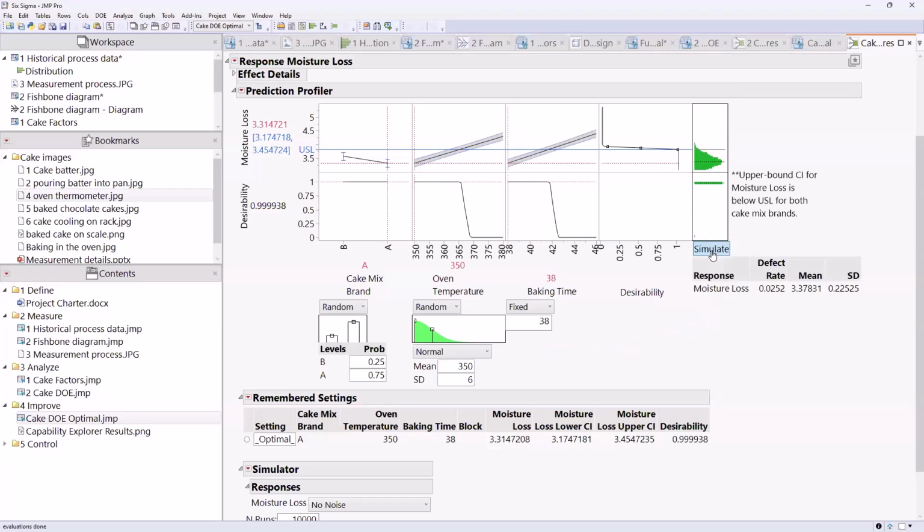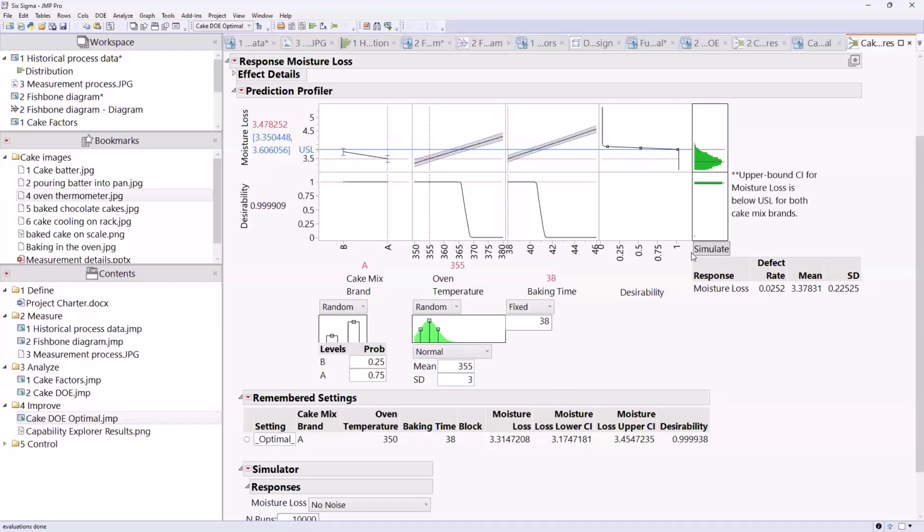So if I click here, I see a little histogram on its side, and we can see there's a little bit of a tail here that's above the upper spec limit. And JMP even calculates a defect rate for me here. This is great because now I can ask some questions of my process, right? What if I set the temperature at 355, but I can reduce the variation maybe to just 3?